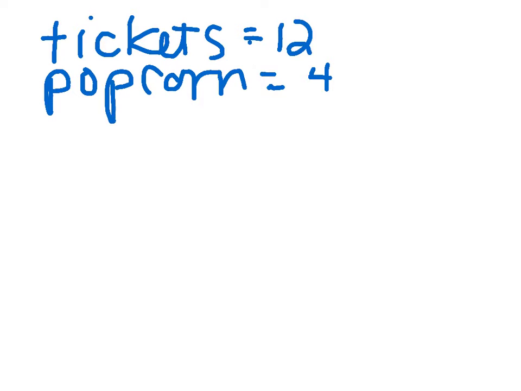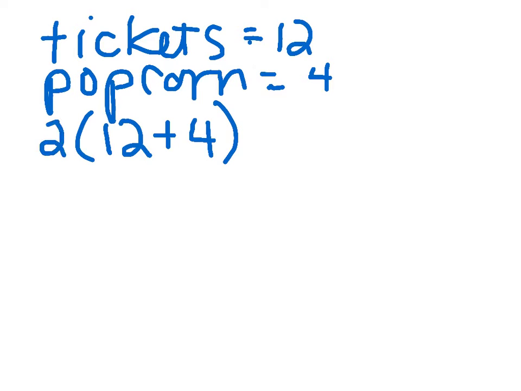Well, some of you said each kid is going to buy a ticket and some popcorn. So if two kids are going, I could think of it as 2 times 16, which gives me 32.